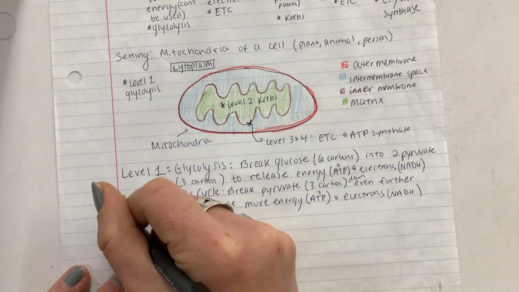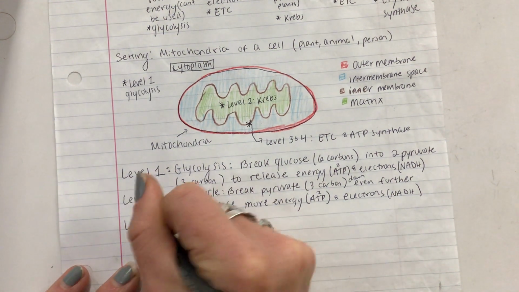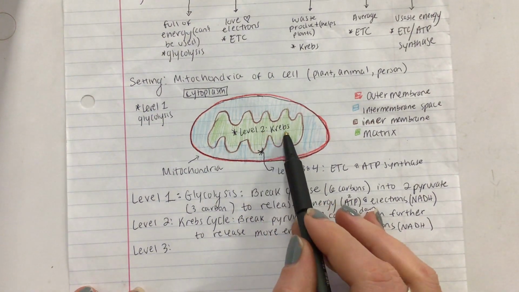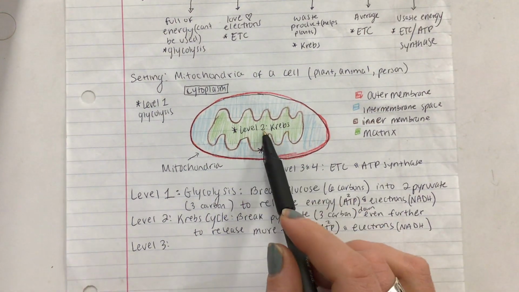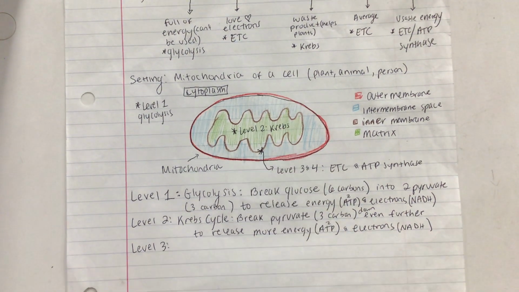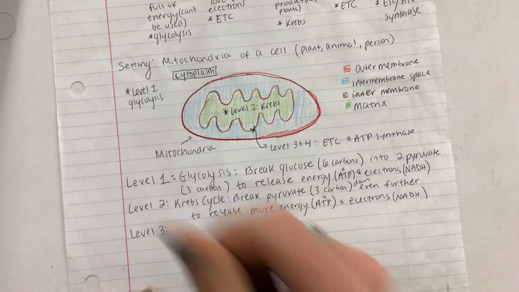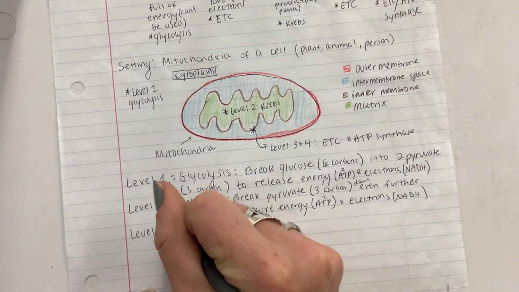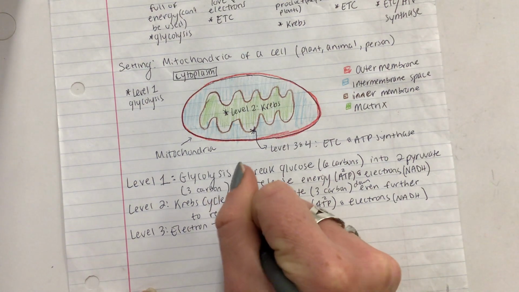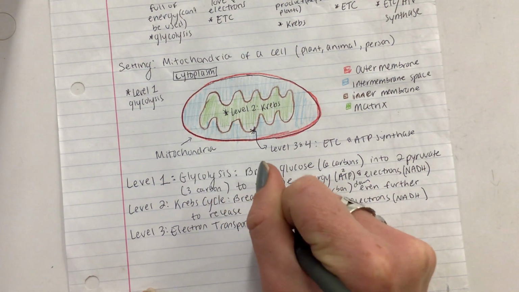Level 3. You are just in the mitochondrial matrix, completing the daunting Krebs cycle, and now you've made it into this inner membrane. A lot is going on in this inner membrane. Level 3 is called the electron transport chain.